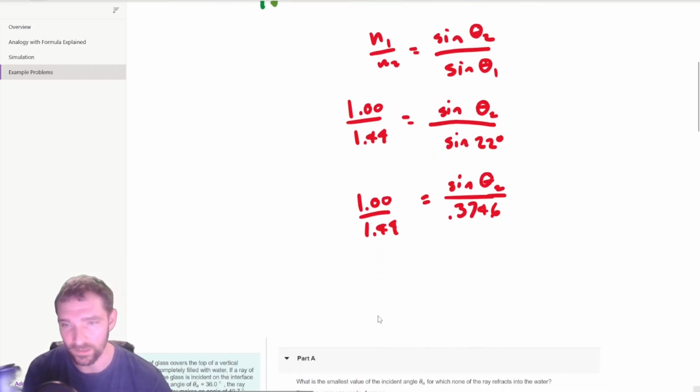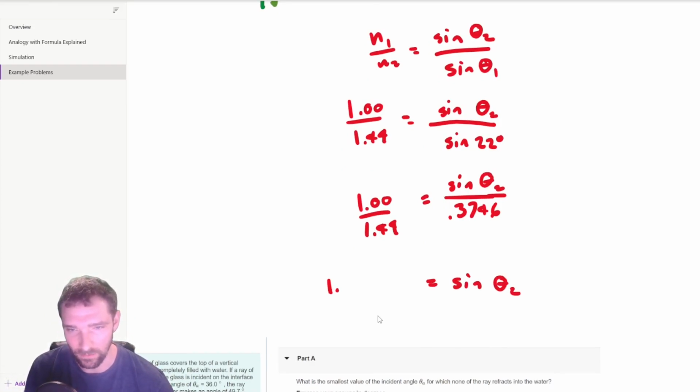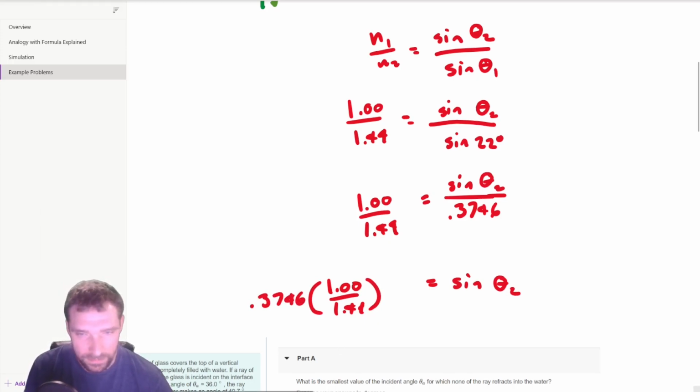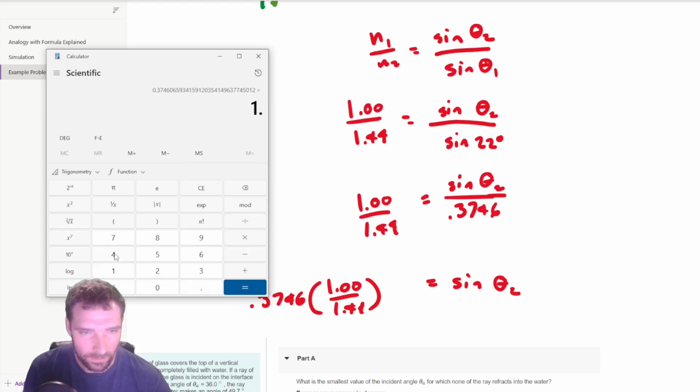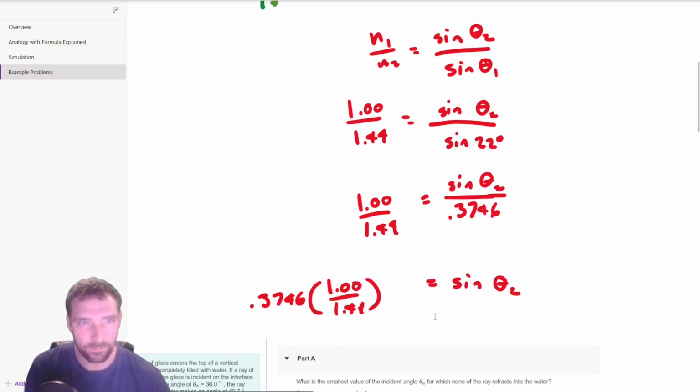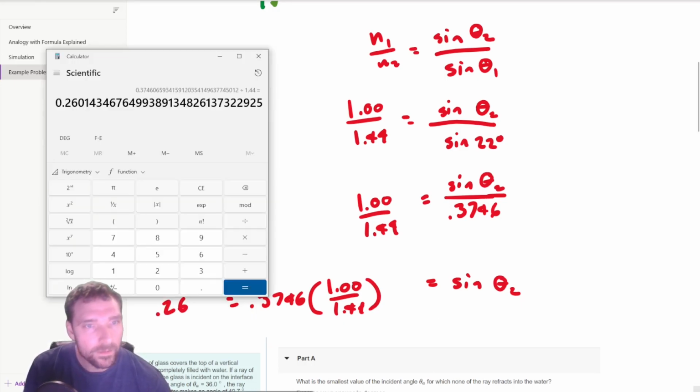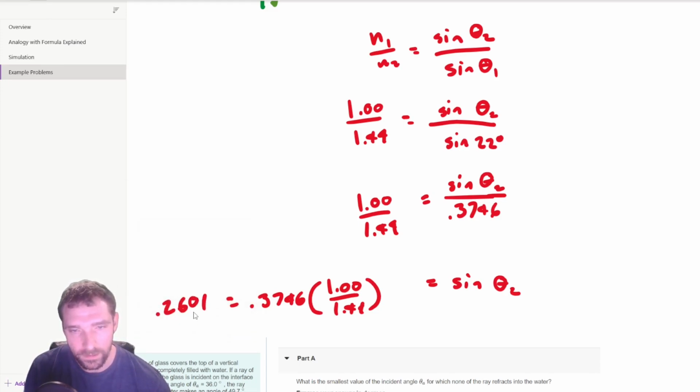So if we just do a little math, there's a rearrangement here where we can do sine theta 2 is equal to that 1.00 over 1.44, times 0.3746, and we'll see what we get there. So if we take this number, times 1, divided by 1.44, we get 0.2601. So we can then say, what is theta 2?